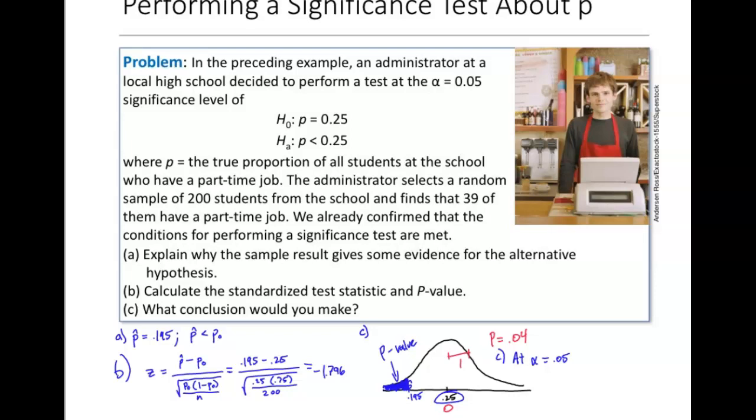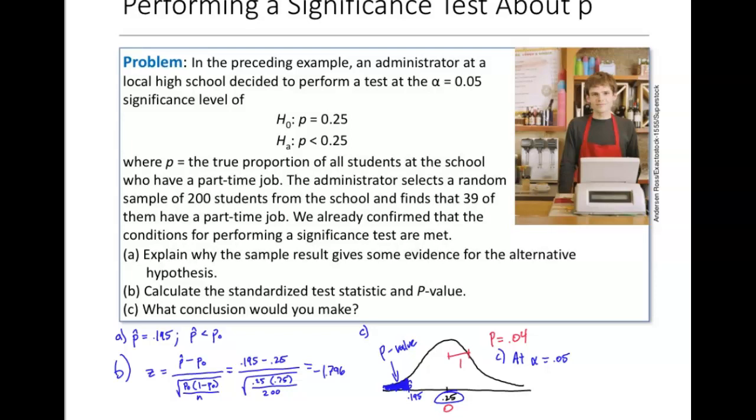Remember, alpha is your significance level. That's your threshold for making your decision. And we're making our decision based on how likely is it that we get a sample this extreme if the null hypothesis is true. The lower our p-value, the more evidence we have for the alternative hypothesis. Is this p-value low enough to conclude that we have enough evidence to reject the null hypothesis?